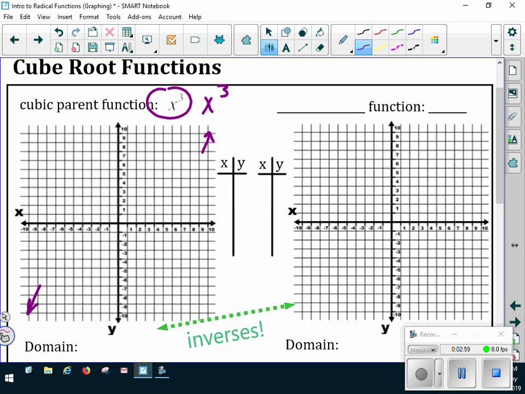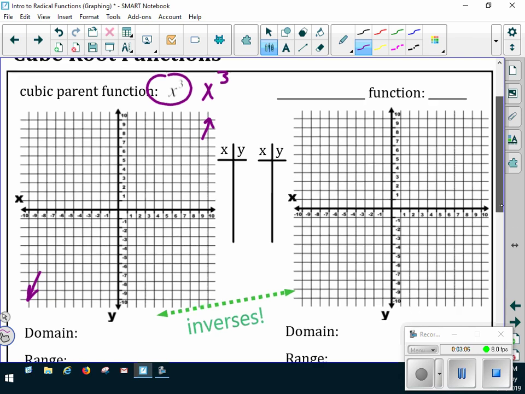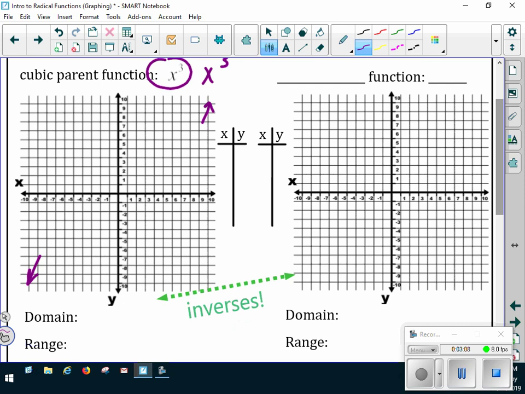Judd said that x cubed means x times x times x. So what we're going to do is just plot some points, okay? Remember, x times x times x. I want you to use those x values. And let's raise those to the third power and see what the y values are.